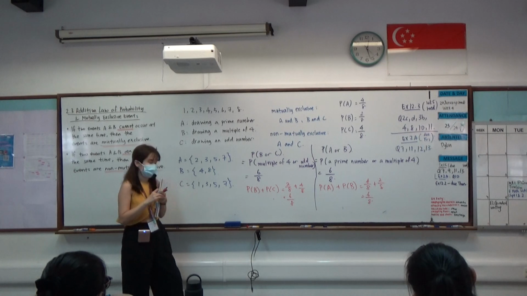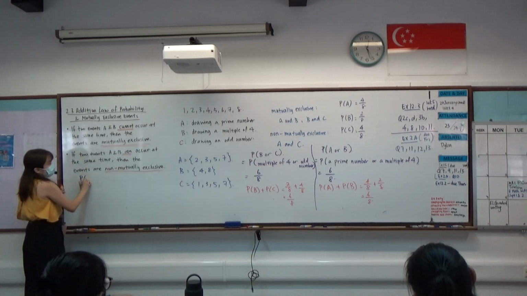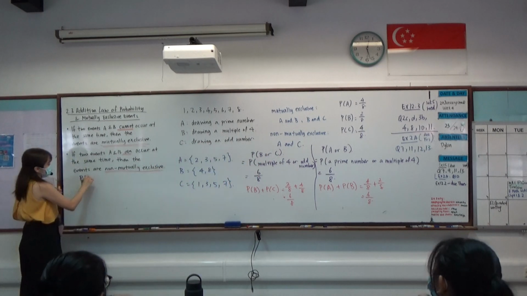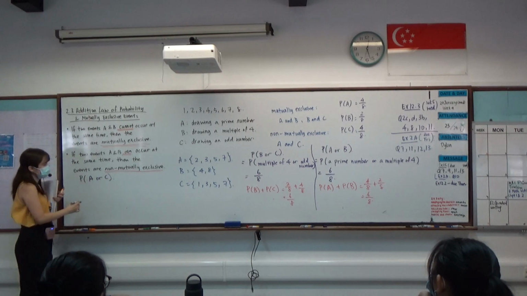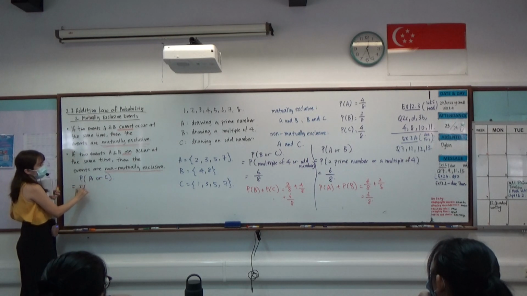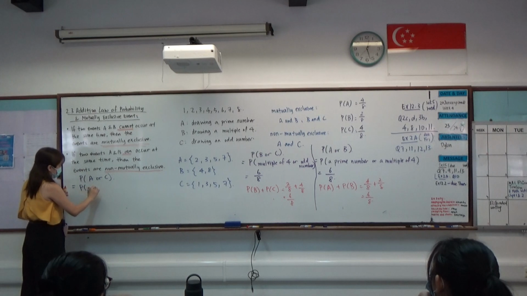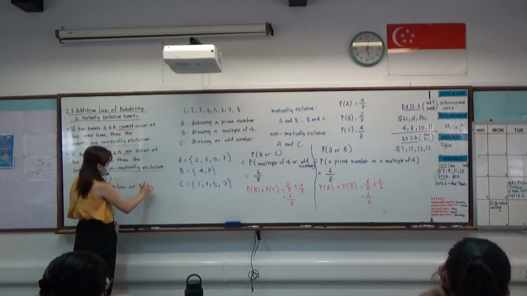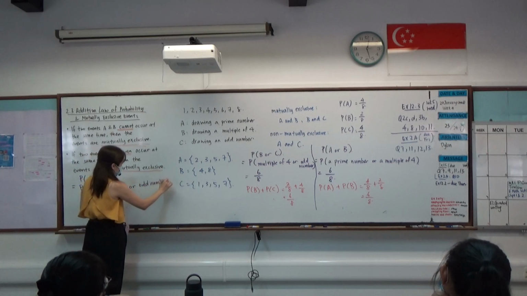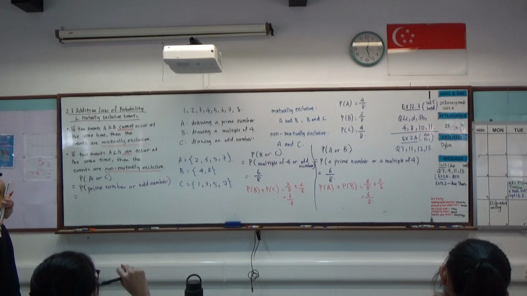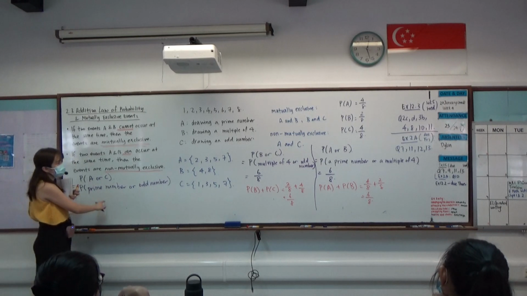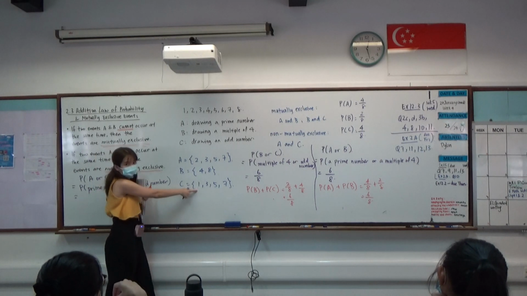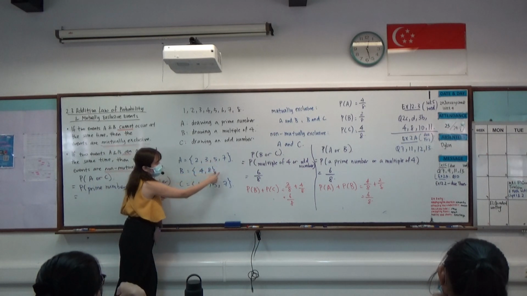What if it is non-mutually exclusive? Okay? So we identified that A and C are actually non-mutually exclusive events. So if I were to look at the probability of A or C, meaning to say probability of having a prime number or an odd number, our probability will be prime numbers, we have 4 of them, odd numbers, we have actually 4 of them here, but there is an overlap of 5 and 7.